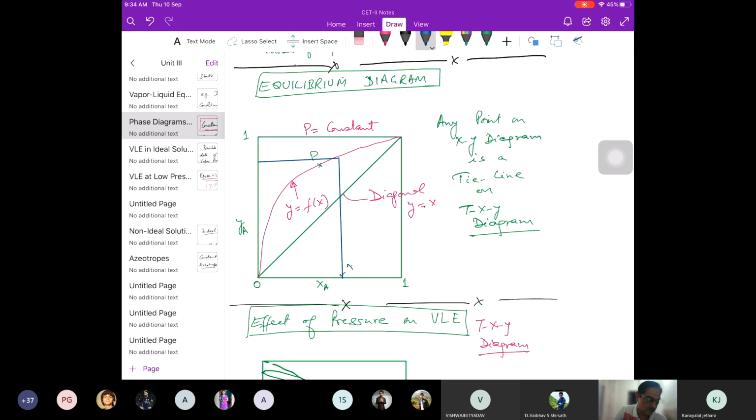So if this is x1, the vapor composition in equilibrium is given by this one.